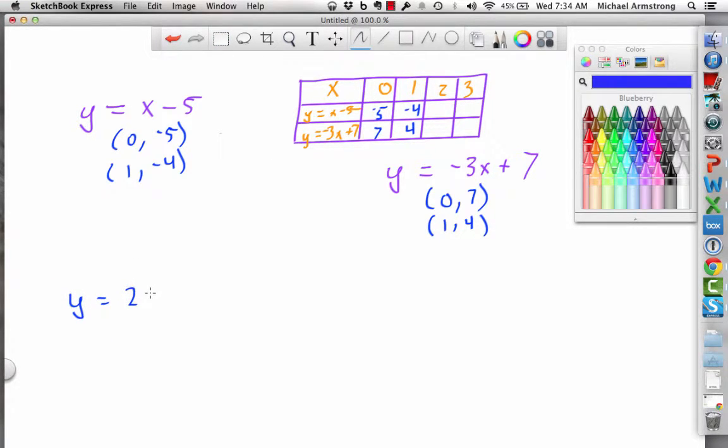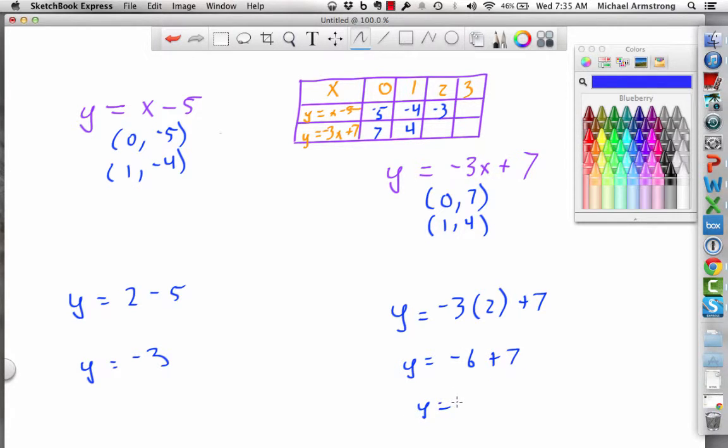All right, so now if we put 2 in, y is equal to 2 minus 5. I put 2 in for the x right here, and so y is equal to -3. Okay, and over here, putting a 2 in again, y is equal to -3 times 2 plus 7. And that means y is equal to -6. -3 times 2 is -6. -6 plus 7.